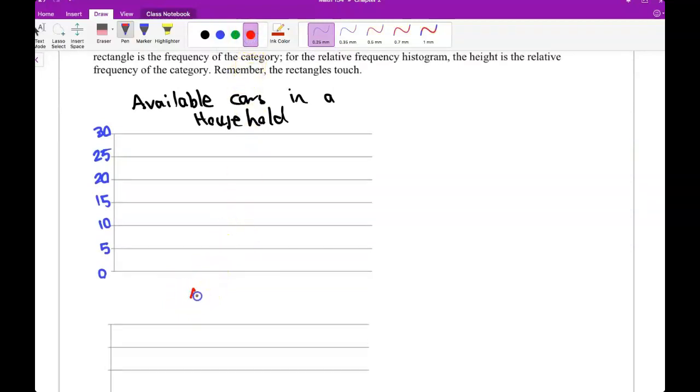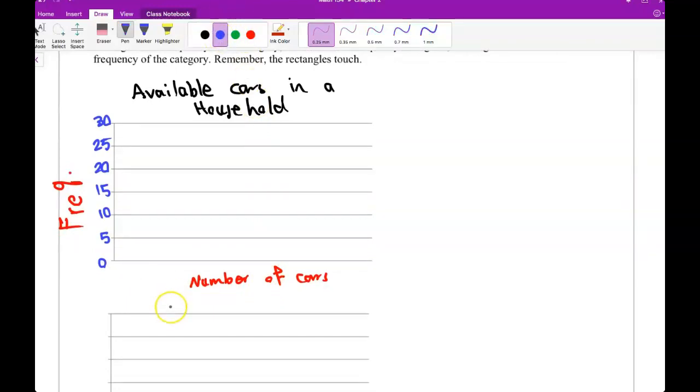So x-axis is number of cars. And here is frequency. Number of cars, we had 0, 1, 2, 3, 4, 5 cars.